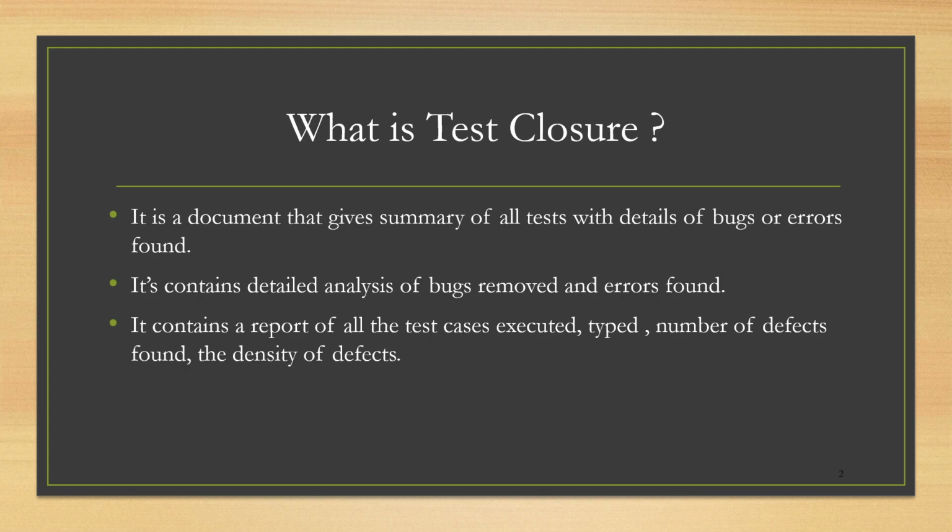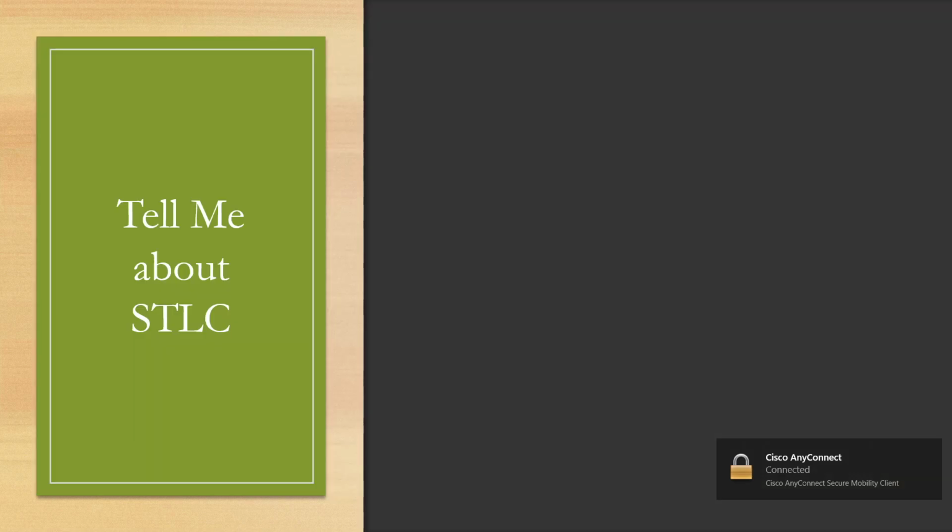When testing completes, a report is generated which contains the details about all the test cases which were executed, as well as the number of defects found and the density of defects. You should know what this test closure document actually means, and you should explain it when you are asked. So let's move to the second question.